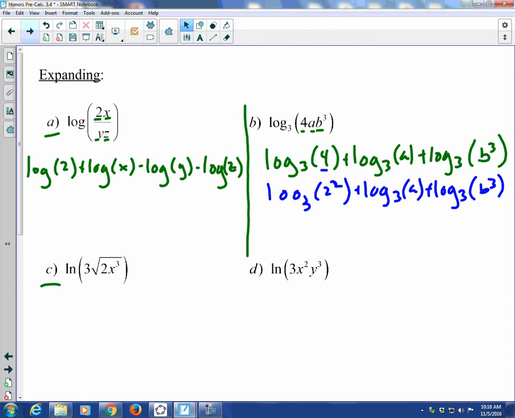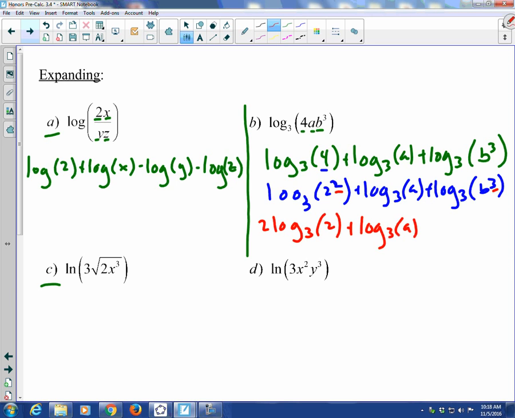And now finally, in our last step, we're going to take those exponents inside the logarithm and throw them out front to make the multiplication. So we're going to have 2 log base 3 of 2 plus log base 3 of a plus 3 log base 3 of b. And that would be our b expression expanded all the way out.